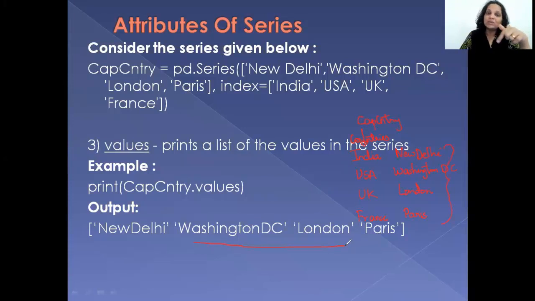That's a name given to the indexes, the labeled index. Positional index, why would we want to give a name? But if you have a labeled index and you want to give it a name, you could do it using the property called index.name. Then we're coming to the property called values. And what does the property called values do? It will give you a list of values that you're storing in your data series. Is that clear? So let's go ahead.